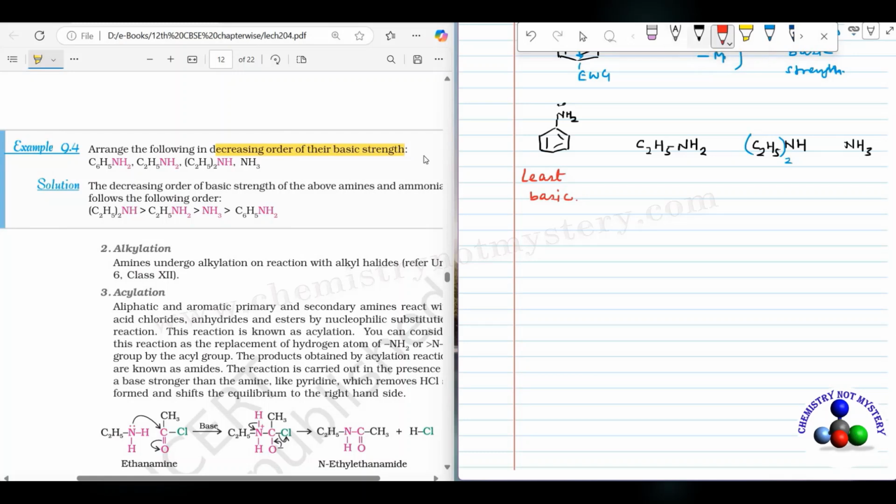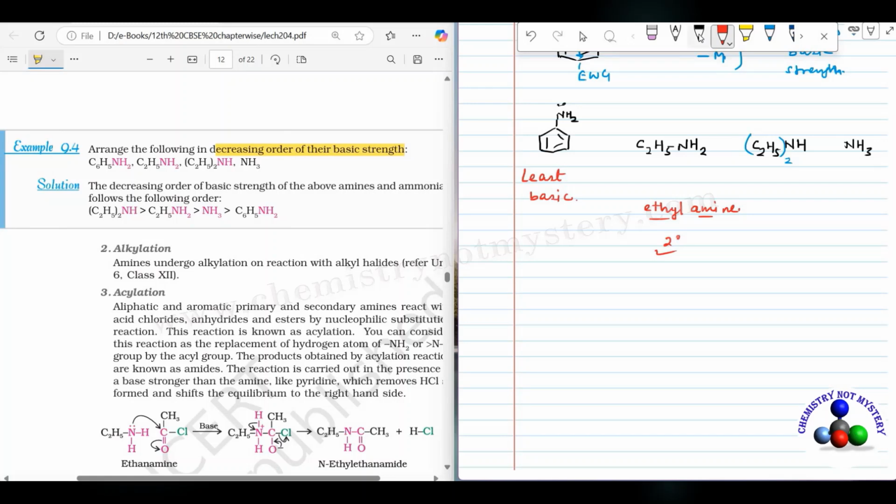Now we have to write the order in decreasing order. So we know in case of ethylamines, secondary amine is more basic among them.